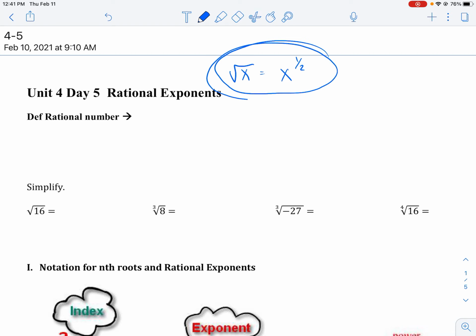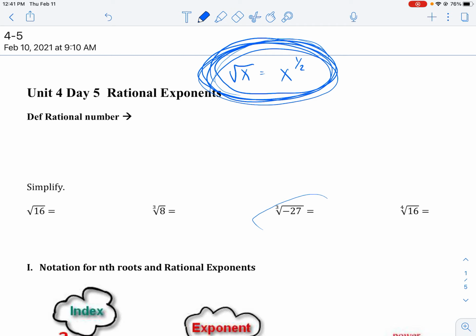So we're going to be switching between rational exponents and radical form in order to simplify expressions. Again, no equations in this. We're just simplifying expressions. And what's an expression? It's something like this, where we don't know what x is, so it's left as an expression because it could be anything.